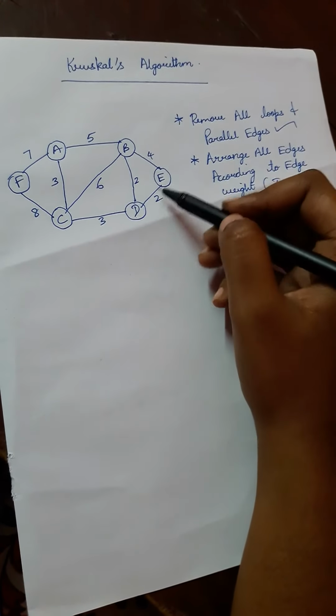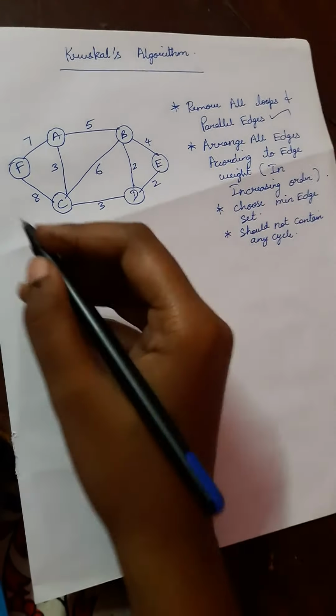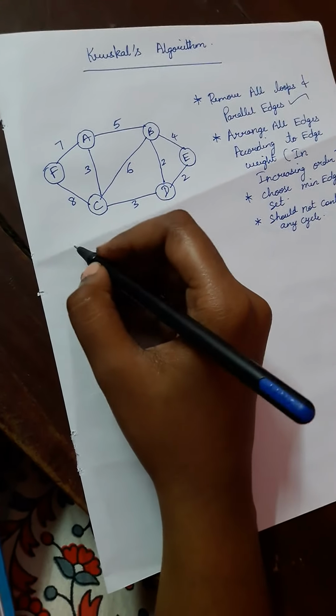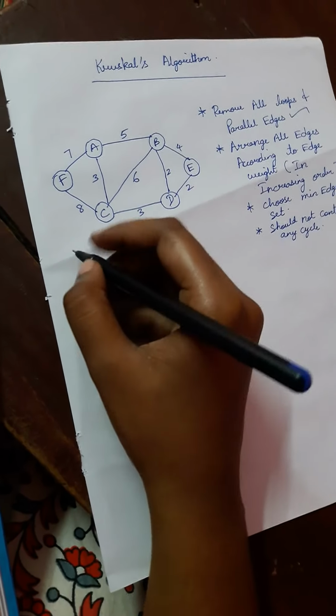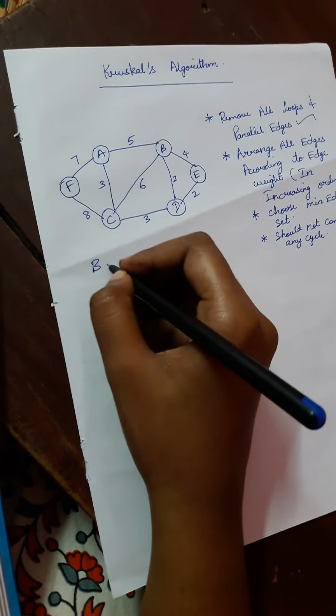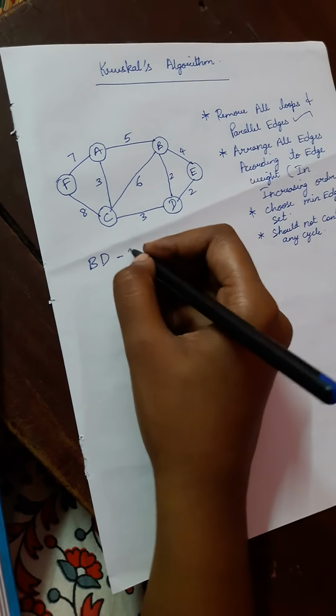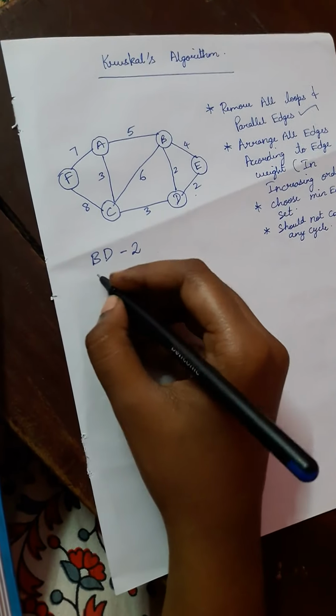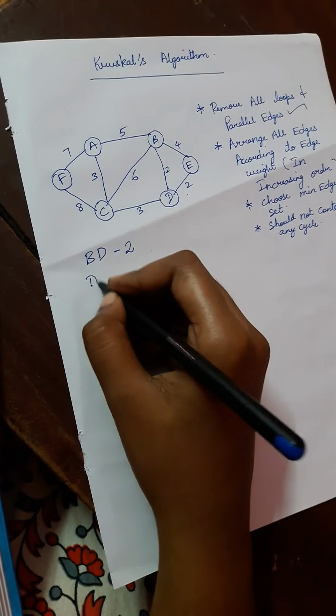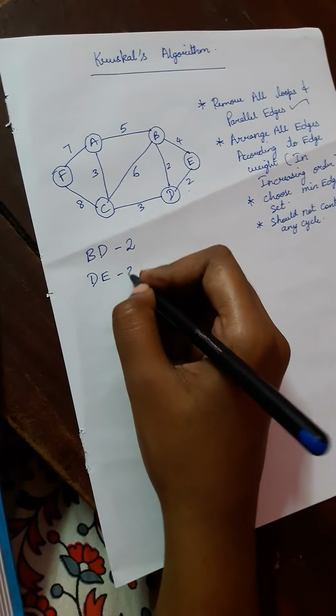B to D and D to E have the minimum weight. First we are going to write them in order. B to D has the minimum, with weight 2. Then D to E also has the minimum.